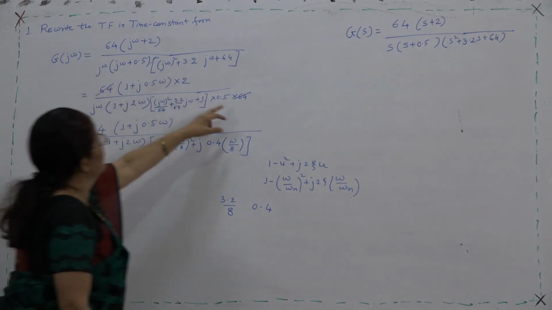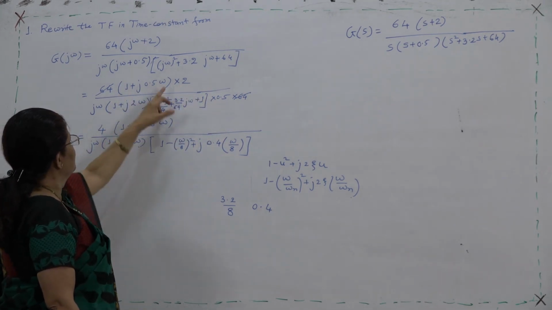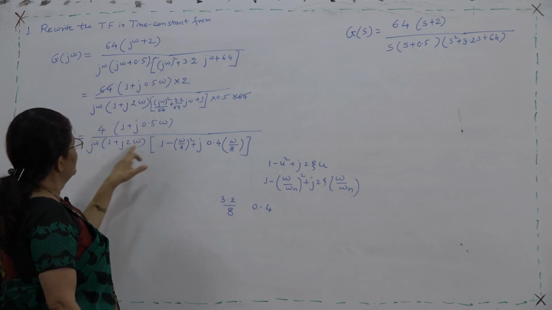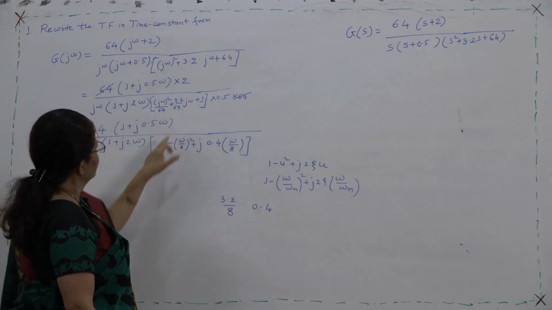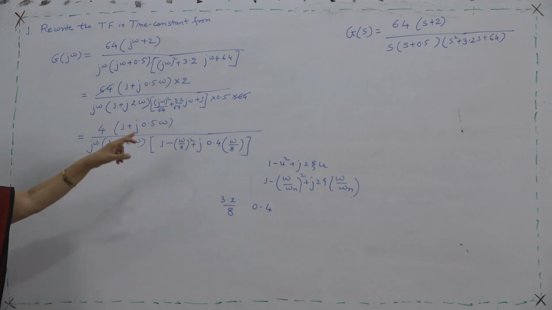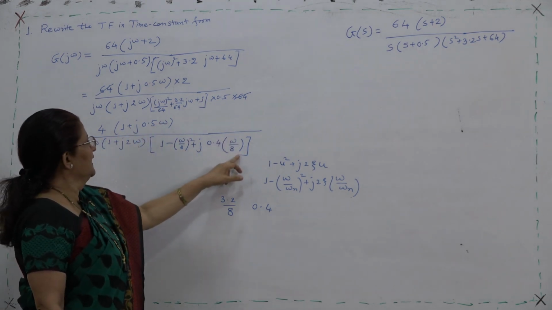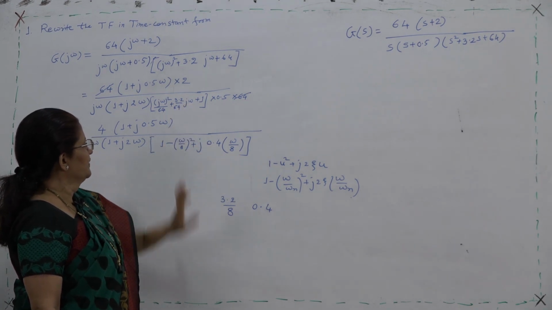So, 64 will get cancelled. 2 divided by 0.5 gives you 4. 1 plus j 0.5 omega, j omega into 1 plus j 2 omega, and here this is 1 minus, because of j square, omega upon 8 square plus j, I want omega by 8. So, 3.2 divided by 8 gives me 0.4.